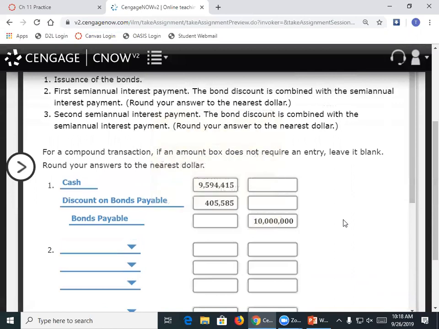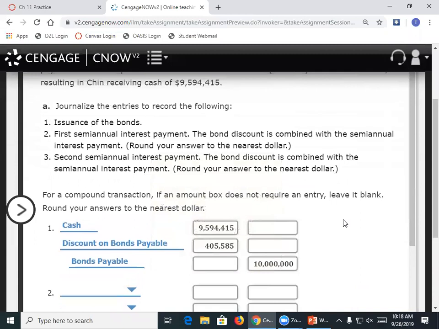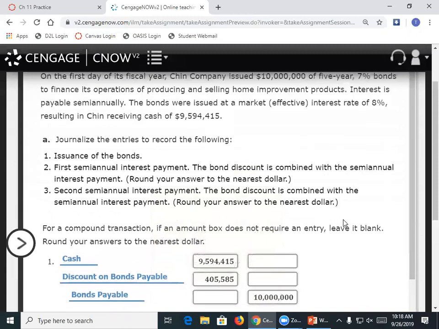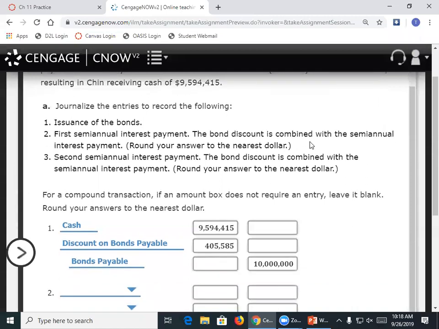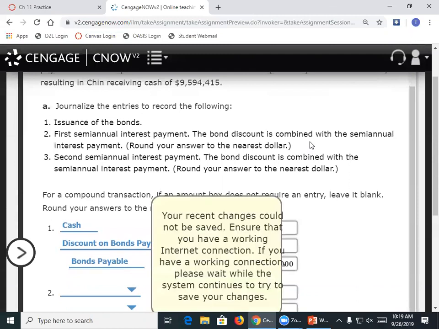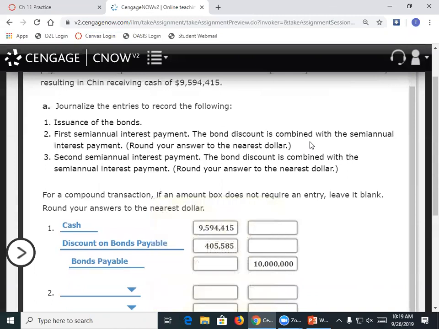Okay. So again, the first thing we need to do is figure out our amortized amount of our discount, right? We need to figure out 6 months worth of the discount. Well, this was a 5-year bond, so that means we're making 10 payments. So the amortized discount is going to be the discount amount divided by the number of payments. So 5 years, 2 payments each, so 10.